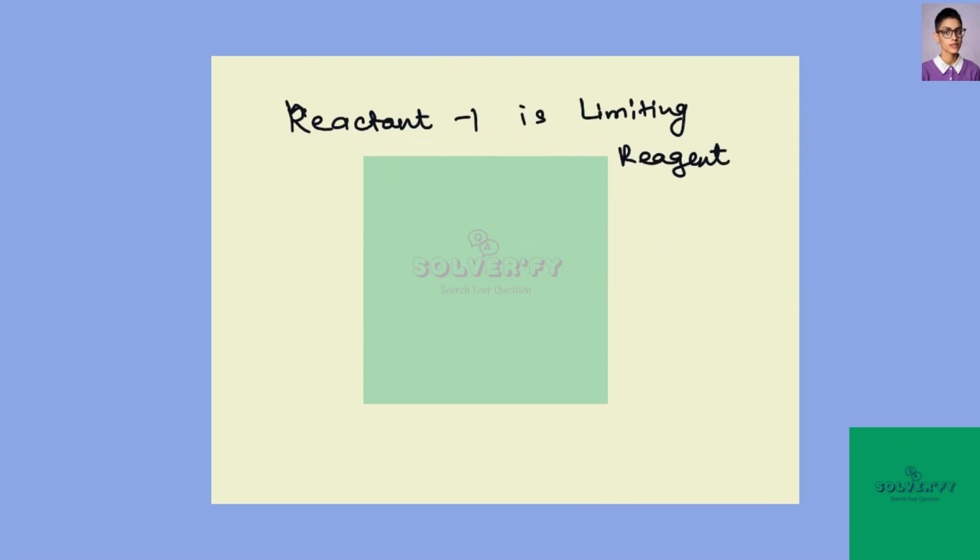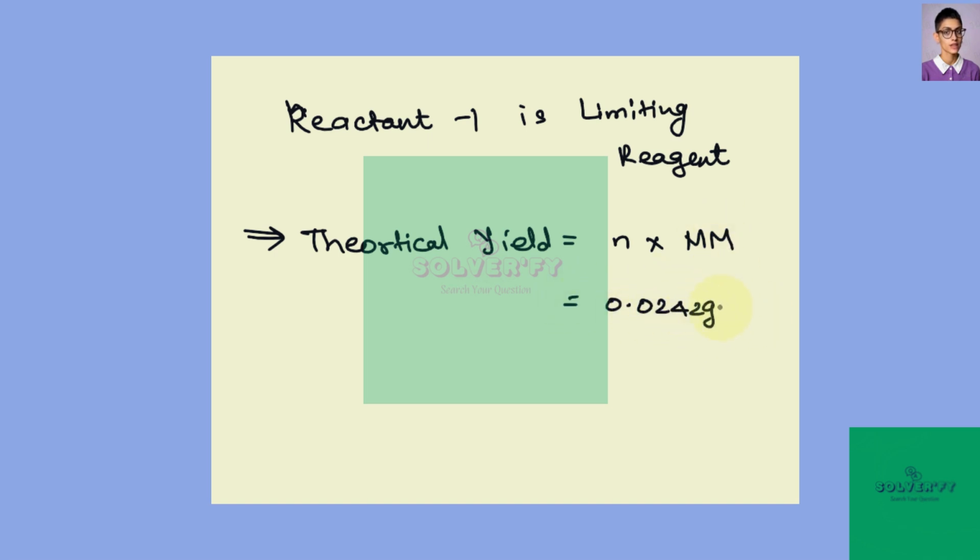So if reactant number 1 is the limiting reagent, then the number of moles of reactant 1 and the number of moles of product are the same. Using this information, we can calculate the theoretical yield. Theoretical yield is equal to number of moles multiplied by the molar mass of the product. Number of moles is 0.0242 mole multiplied by its molar mass, which is given as 234.3 gram per mole.